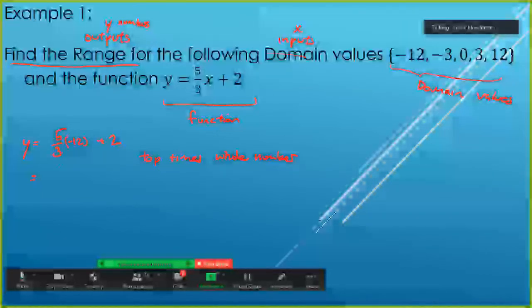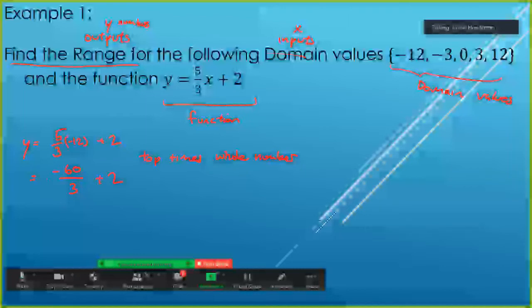So that's going to be 5 times negative 12. So pull out your calculator, and you should get negative 60. 5 times negative 12 is negative 60. You're also going to bring with it whatever came in the denominator of the first fraction, so 3. So we've got negative 60 over 3.